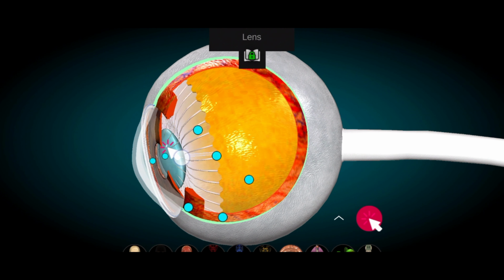This bluish structure is the lens, and these are the suspensory ligaments, which you can see here, whitish in color, and this total part is called the vitreous body or vitreous humor. And this is the iris, and just in front of the lens, this space is called the posterior chamber, which also contains the aqueous humor.